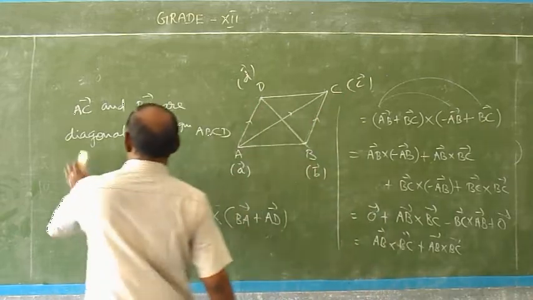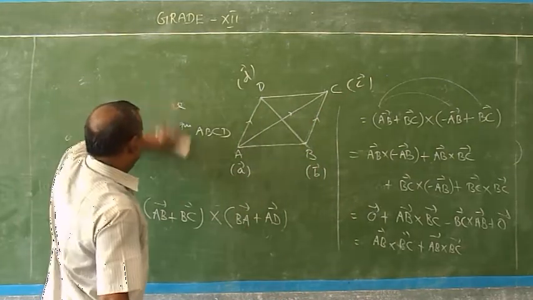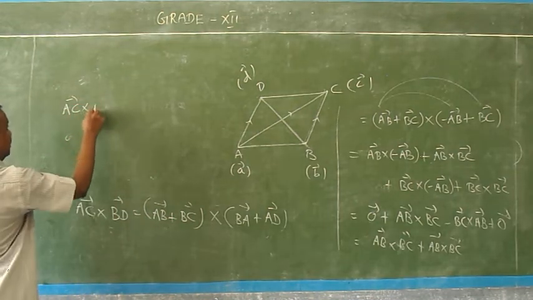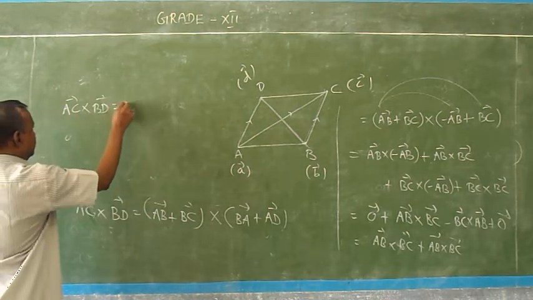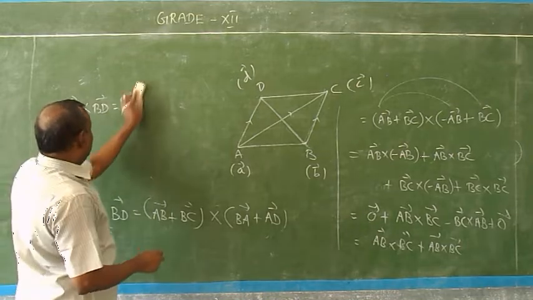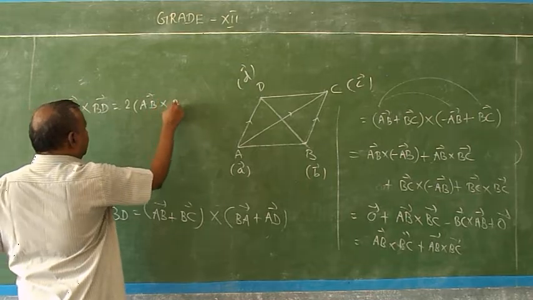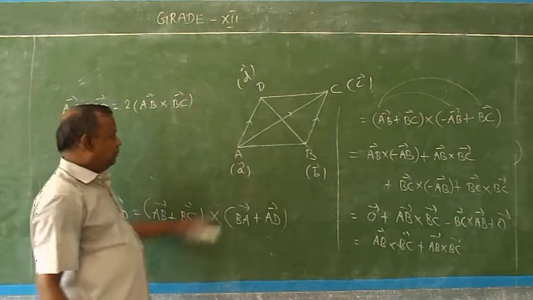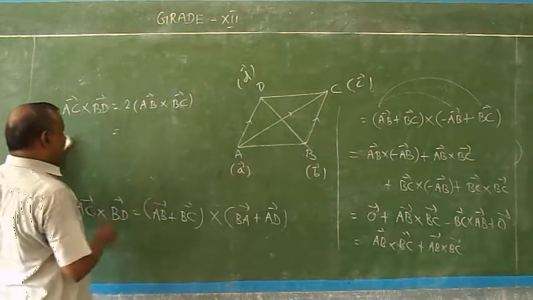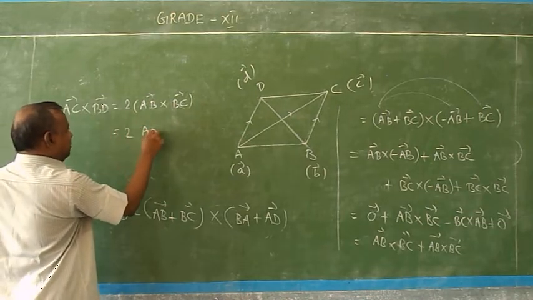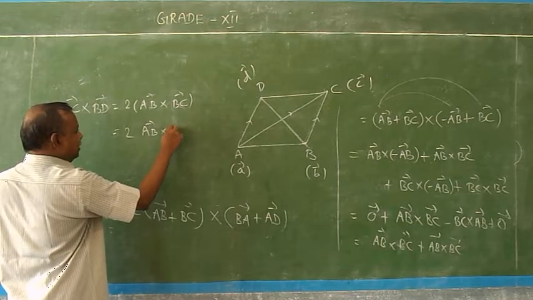Therefore, AC vector cross BD vector equals 2 into AB vector cross BC vector. We can replace BC by AD again, that is 2 into AB vector cross AD vector.